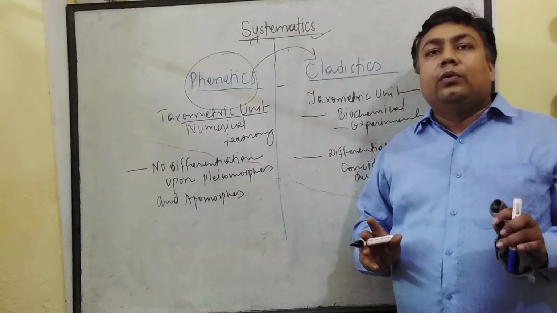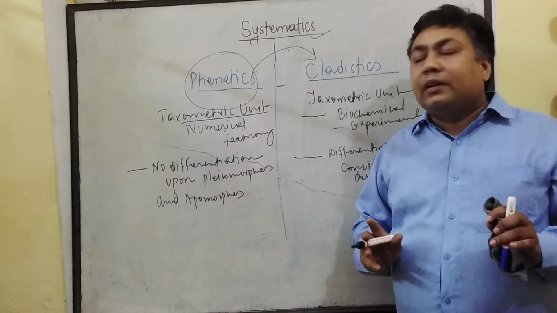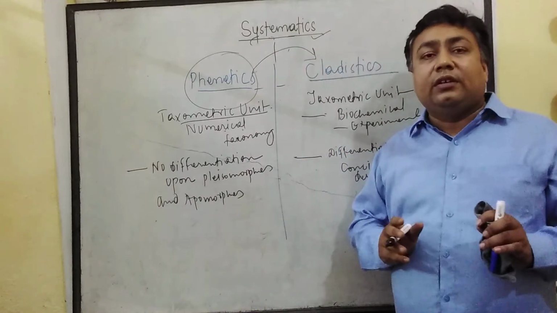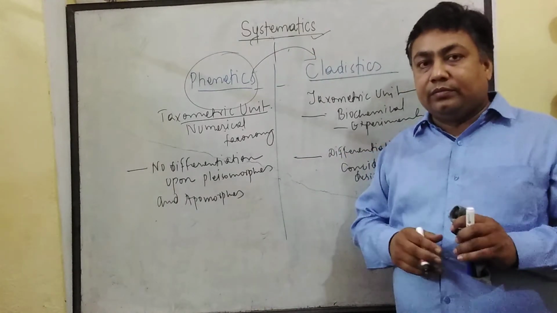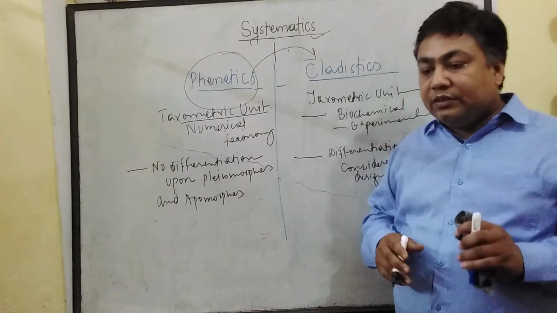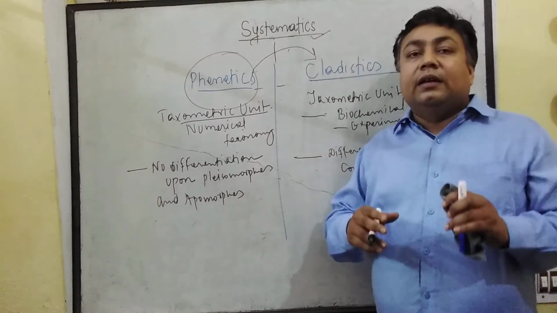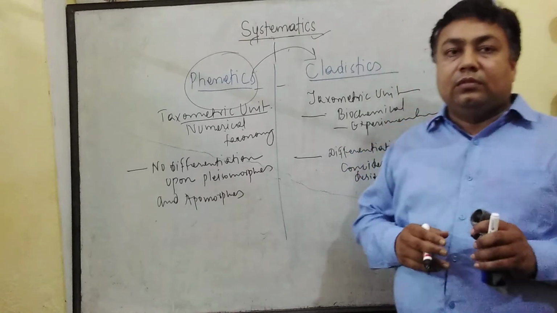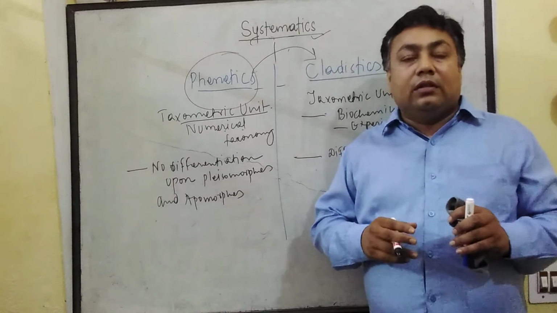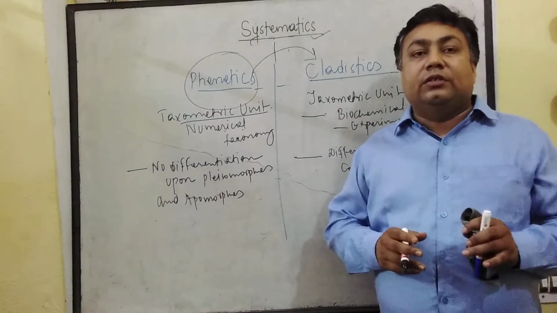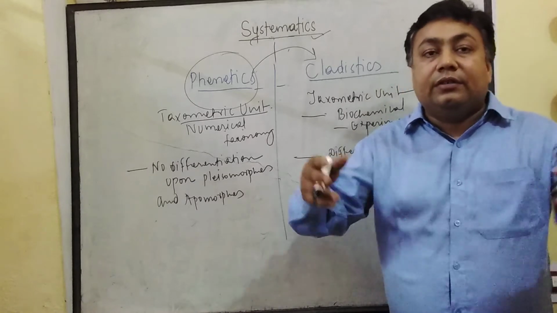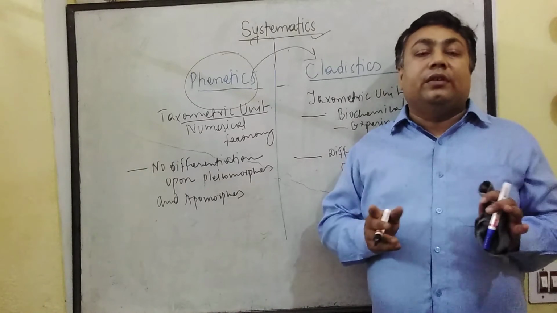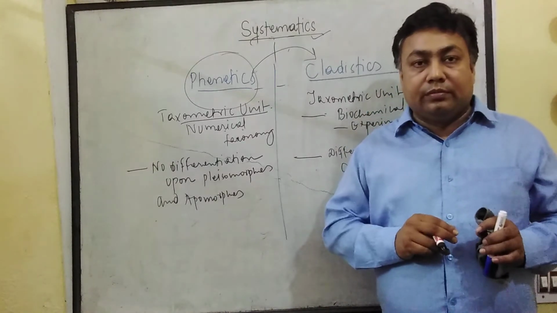We do systematic study through a cladogram to differentiate the relationship among organisms. Different groups of organisms which have common ancestry can be represented through a cladogram.